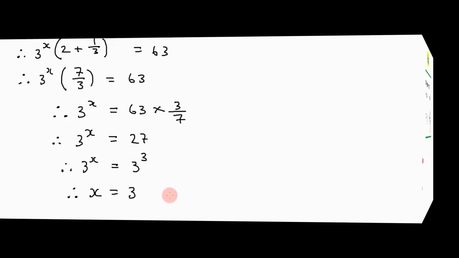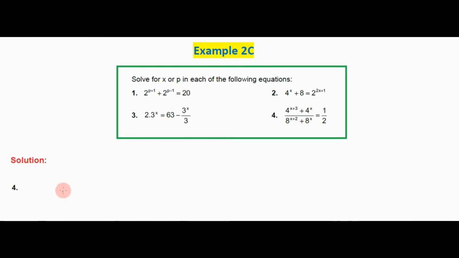In the last equation here, we have 4 to the x plus 3 plus 4 to the x, all over 8 to the x plus 2 plus 8 to the x, and this is all equal to a half.